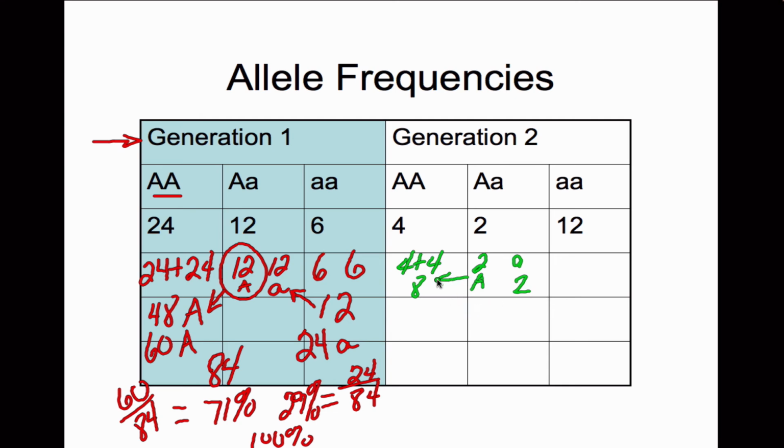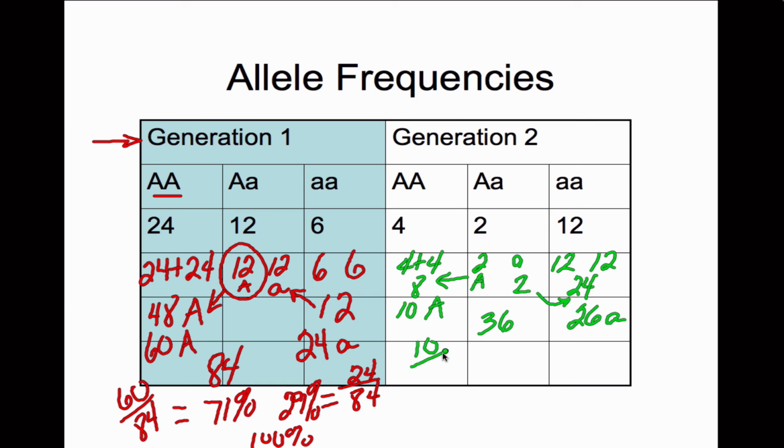So we're going to add this 2 to the 8, and we have 10 total dominant alleles. Over here we have 12 and 12 recessive, so we have 24 recessive alleles, and we're going to add this 2, so we have 26 total recessive alleles, and we add those two together to see how many alleles we have total, and we have 36 total alleles.